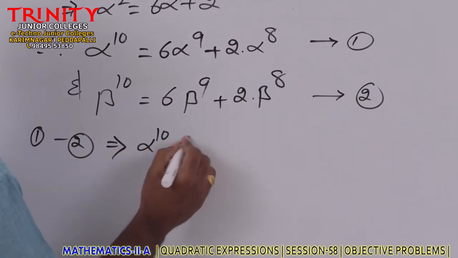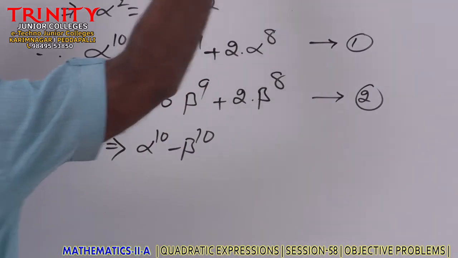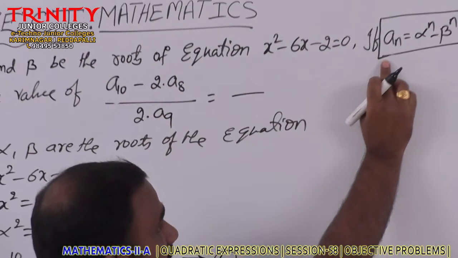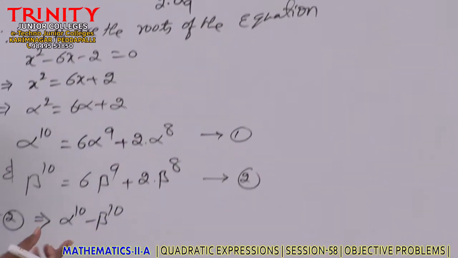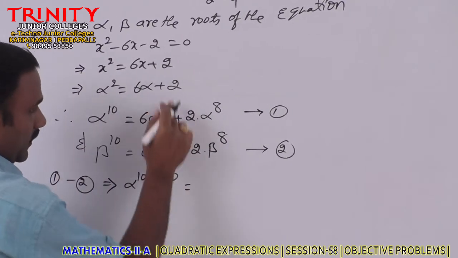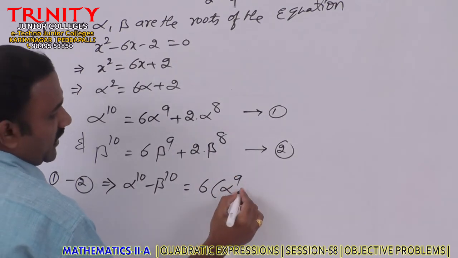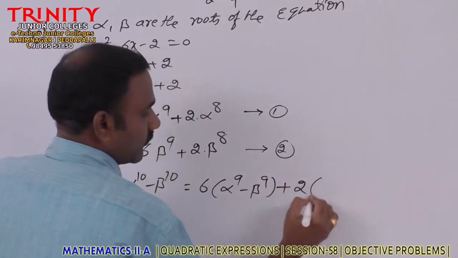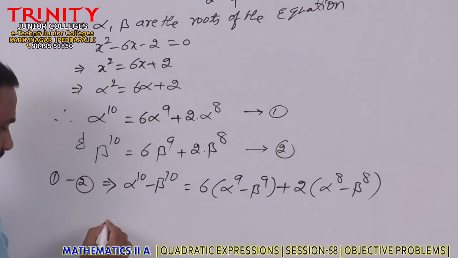Alpha power 10 minus beta power 10 is equivalent to A10, or not? Since An equal to alpha power n minus beta power n, therefore A10 equals alpha power 10 minus beta power 10. That's the reason, that's why we are subtracting these two equations. Subtracting these, 6 into alpha power 9 minus beta power 9 plus 2 of alpha power 8 minus beta power 8.